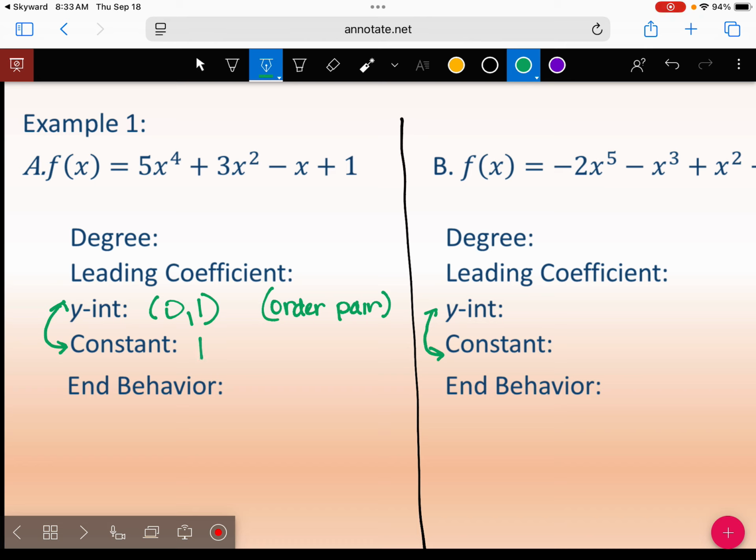So I'm going to give you a moment. Since we've done this a couple times, I want you to try to answer these 3 by yourself. And when I say degree, leading coefficient, is it positive or negative? And then try to write your end behavior as a limit.